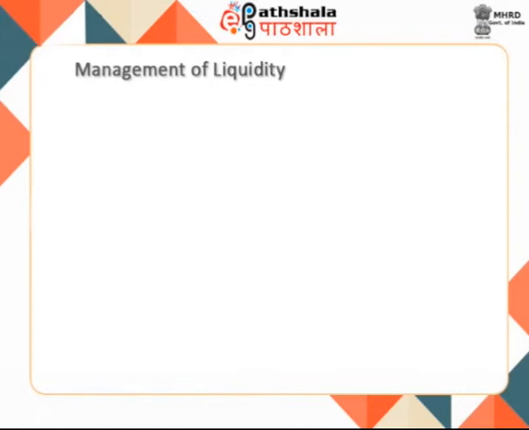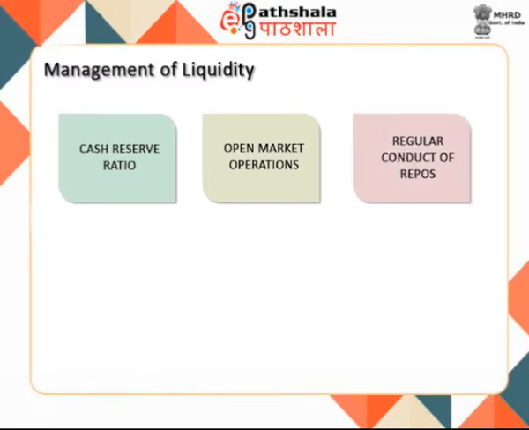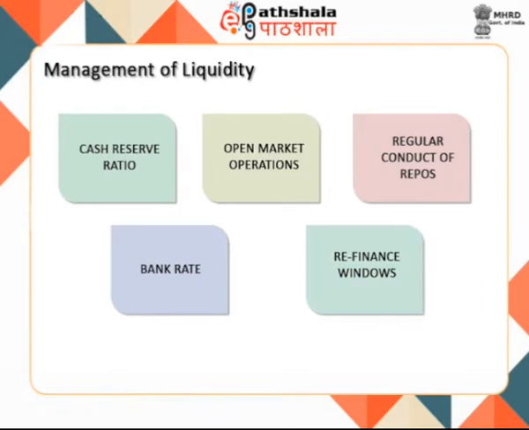RBI can manage liquidity through cash reserve ratio, open market operations in the short term, conduct of repos on a regular basis, bank rate, refinance windows. Until recently, the RBI provided two types of refinance facilities to banks: export credit refinance and general refinance.